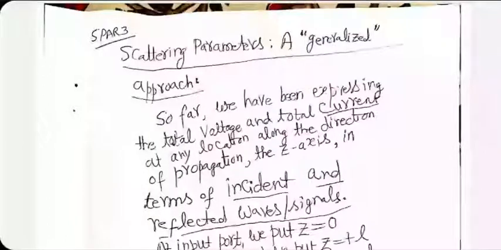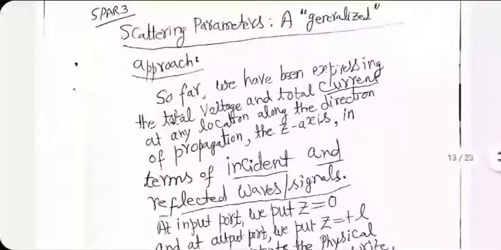So what people did, they carried forward with the scattering parameter definitions based on voltages and came up with equivalent definitions based on square root of powers.